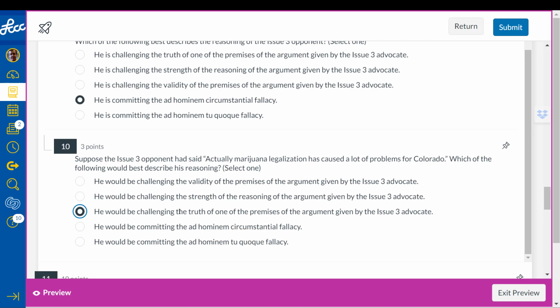Ohio and Colorado are similar. Marijuana legalization worked in Colorado, therefore it will work in Ohio. And he's saying, no, it didn't work in Colorado. So that is, again, challenging the truth of the premises. And again here, if you say the validity of the premises, you're way off, and that is the least correct answer.